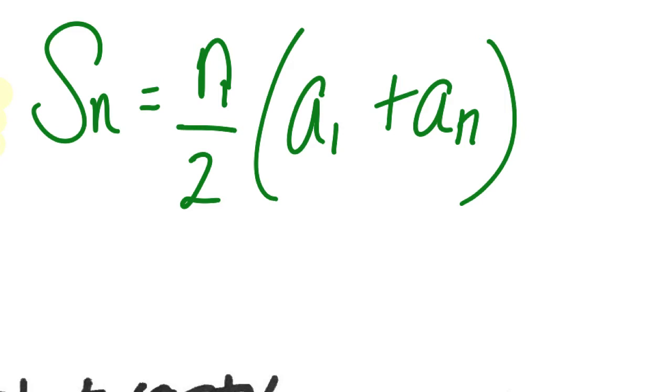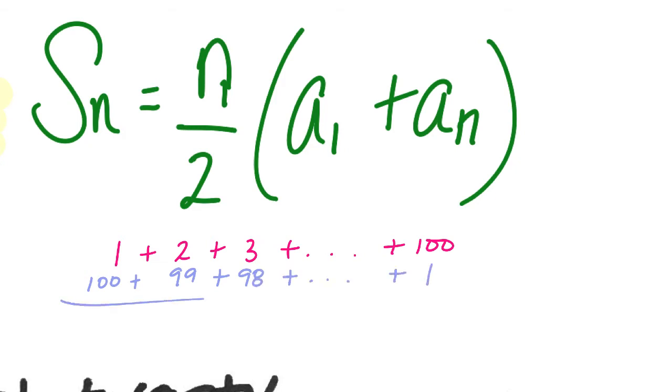So this guy Gauss came up with, well, what happens if I was to add 1 plus 2 plus 3, all the way to 100. And what Gauss came up with is he said, hey, if we take this, and if I add it backwards, 100, 99, 98, all the way to 1, we're going to find ourselves a little pattern here.